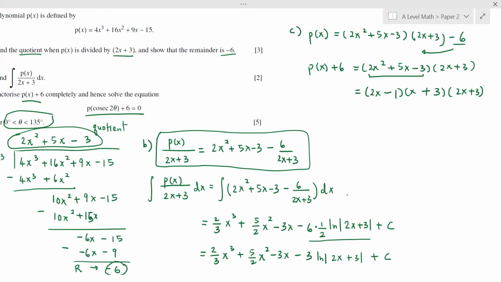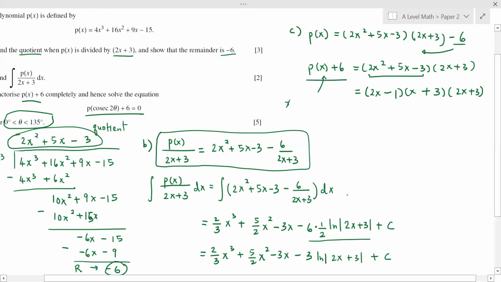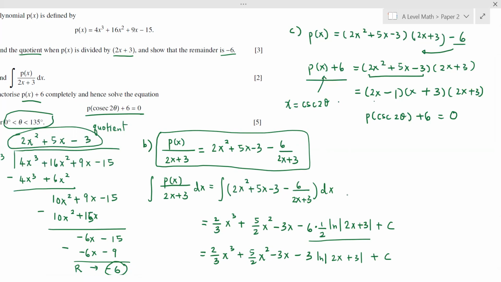We need to solve for p of cosecant 2 theta plus 6 equals 0. If you look at these parts here, we can let x be cosecant 2 theta. Then solving p of cosecant 2 theta plus 6 equals 0 is the same as replacing x with cosecant 2 theta in these linear factors and setting them to 0.